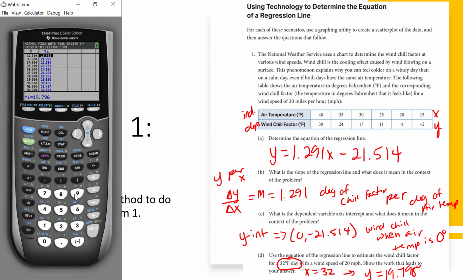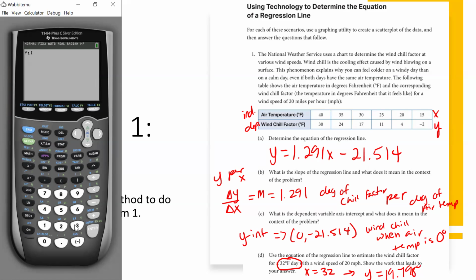So we have the graph, we have the table, and then the last is from the calculator page. To get back to your calculator page from any point in the calculator, you press second mode, and it takes you back to your calculator page. Okay. What's really cool here is you can press alpha trace, and you're telling your calculator, I want you to use Y1.